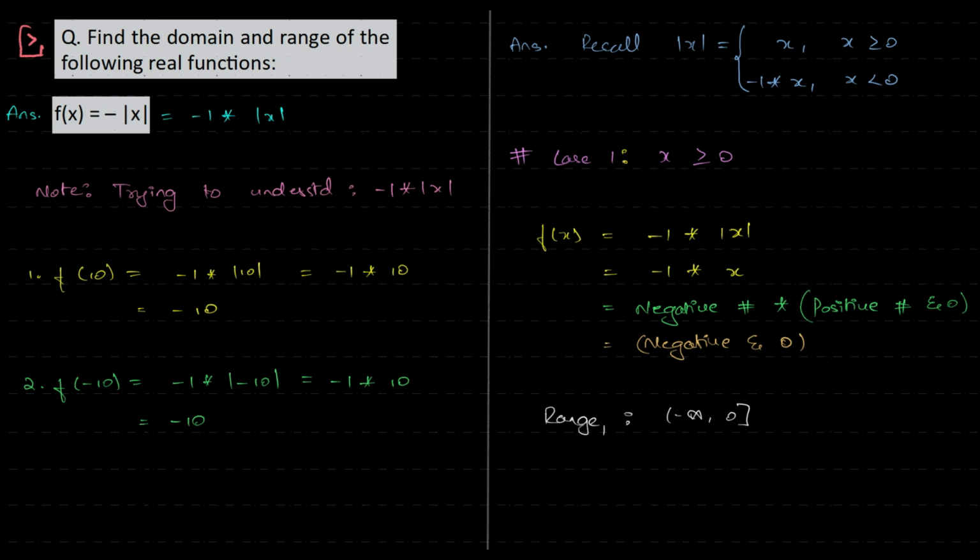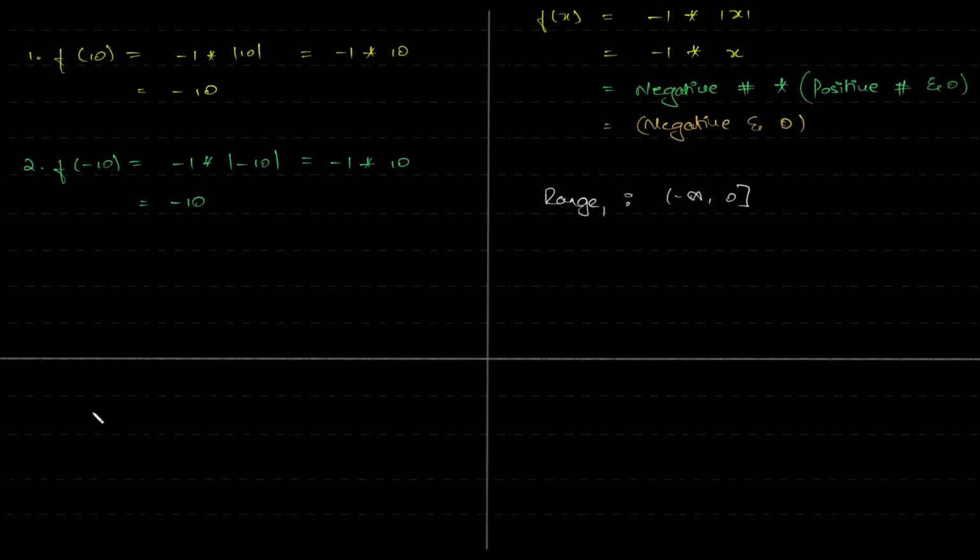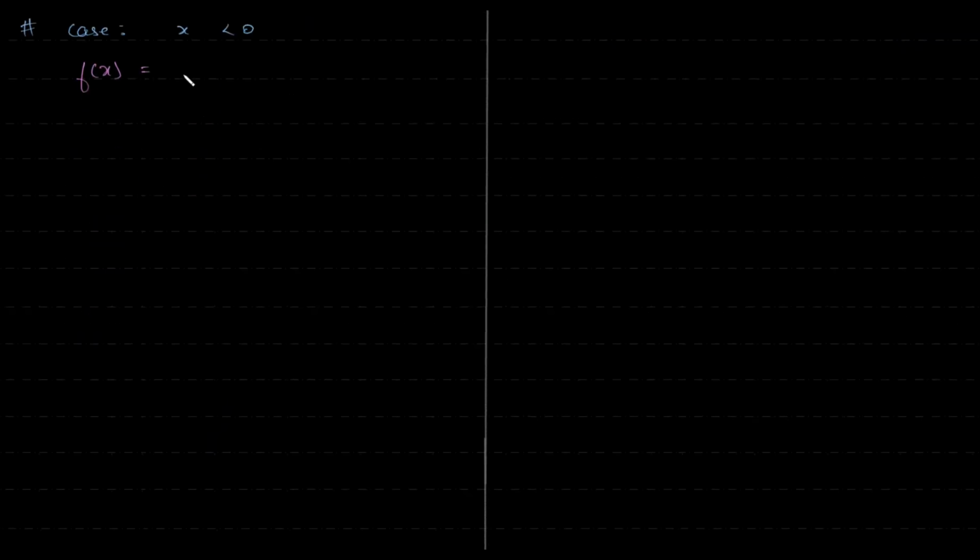Now, case 2. What if the input values are negative? What happens to the function? Let's see that. The function would be minus 1 into modulus of x. When it comes to negative numbers, the modulus of x will become minus 1 into x. So this is positive x, right?